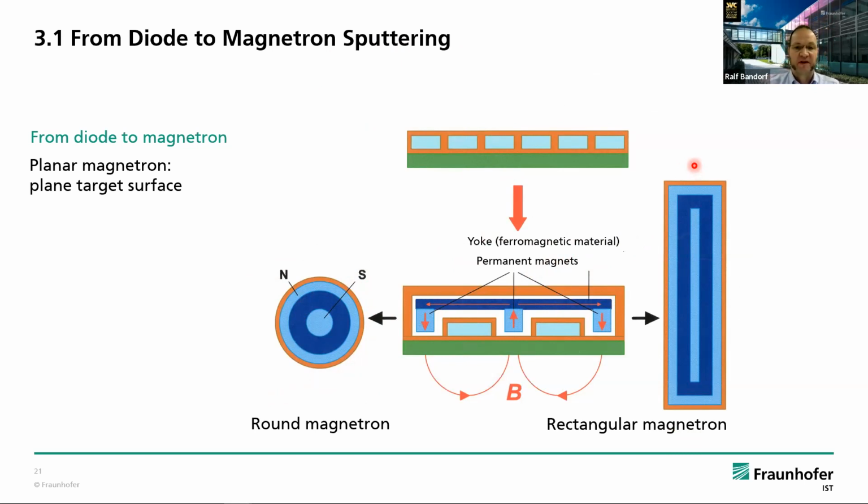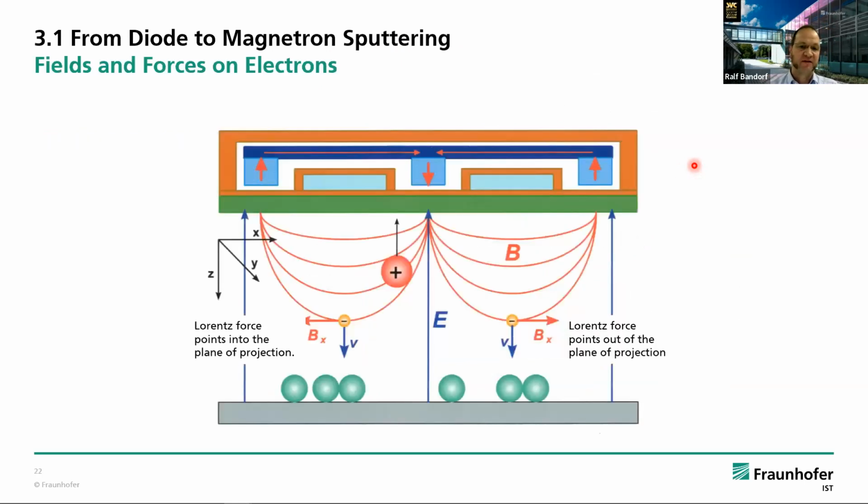And the benefit you gain by this is that you capture your electrons in front of the target. You capture them in the magnetic field lines, and the electrons, and we will see later on a movie simulation from a colleague of ours, will oscillate between those turning points.